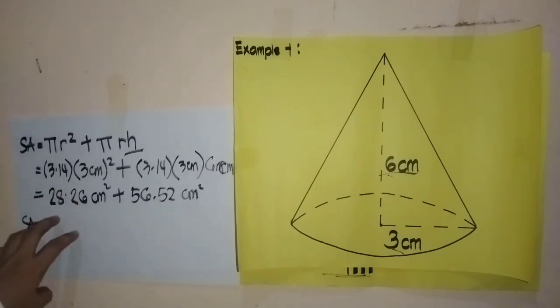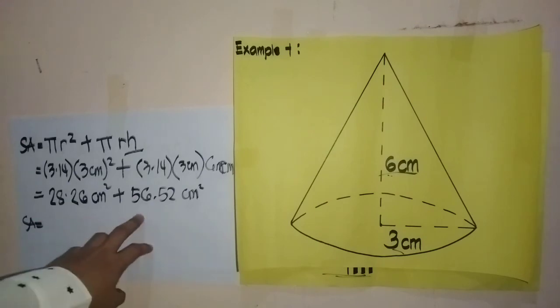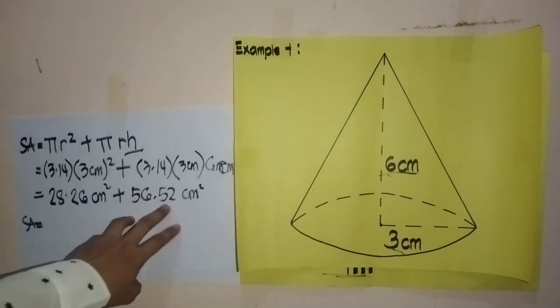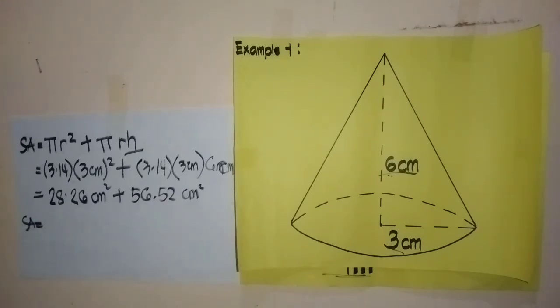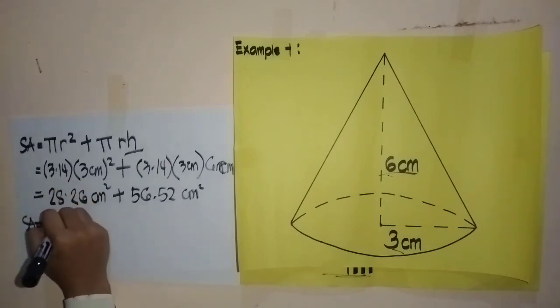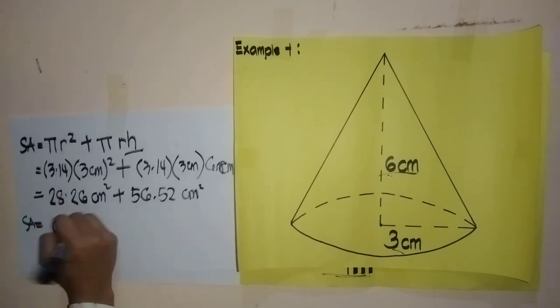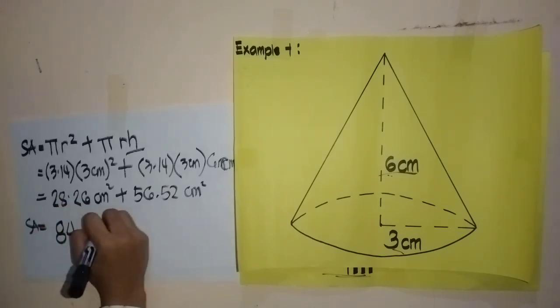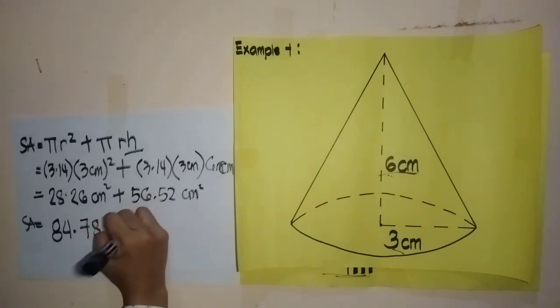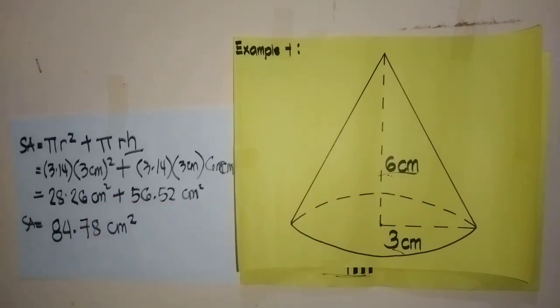So we have 28.26 plus 56.52 is equal to 84.78 centimeters squared. So the surface area of a cone is 84.78 centimeters squared.